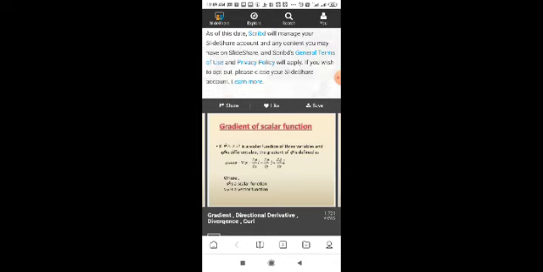This is the gradient of any scalar function phi(x, y, z). Here phi is a scalar function and del phi is a vector function. It is because the del operator is a vector operator in the 3 directions i, j, k.